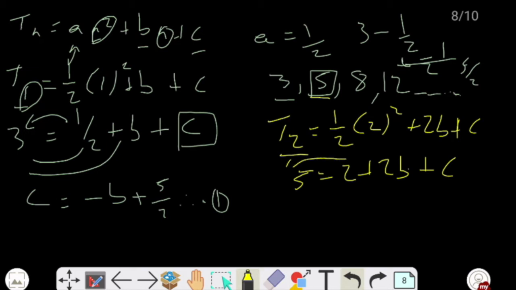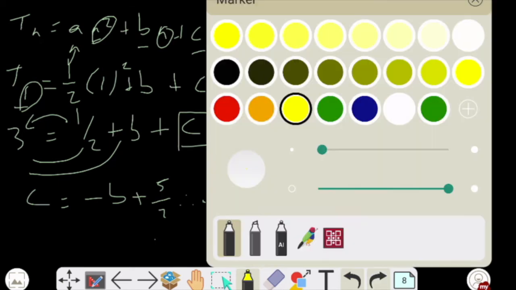We take the 2 to the other side, and we are left with 3 equals 2b plus c. I'm going to call this equation 2.